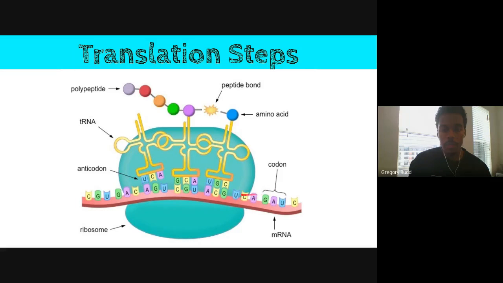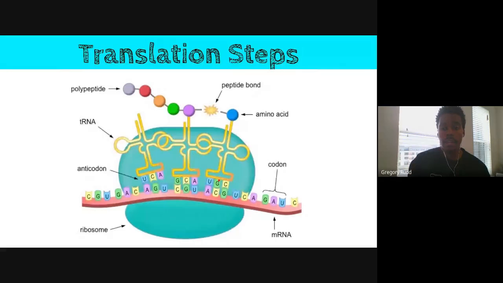Each codon fits perfectly well with a tRNA because each tRNA has a specific anticodon. You don't need to worry too much about that, but you can see in these anticodons that the nitrogen bases are paired. U is paired with A, C is paired with G, A is paired with U, G is paired with C, U is paired with A, so on and so forth.